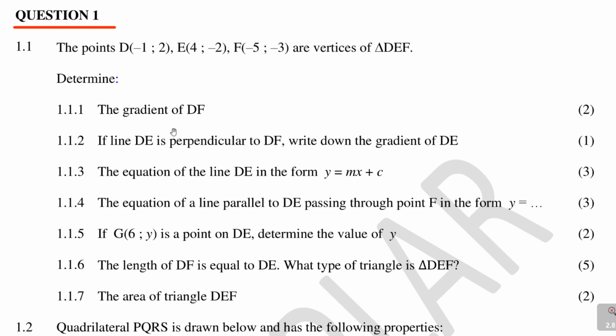And whenever we are dealing with analytical geometry, one thing I will bring is these common formulas. The first one is your gradient, m. Remember how to find it? It's y2 minus y1 over x2 minus x1. This is your gradient. Very important. You definitely need to know that.